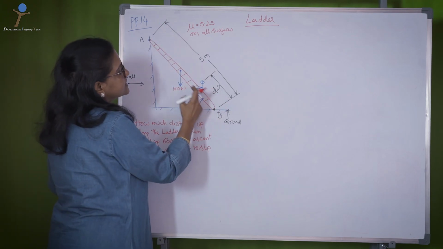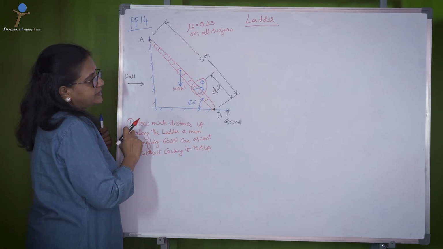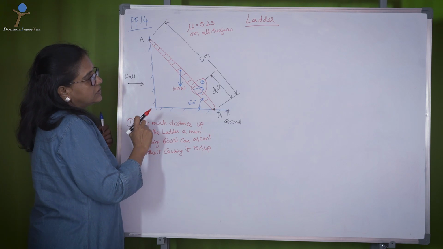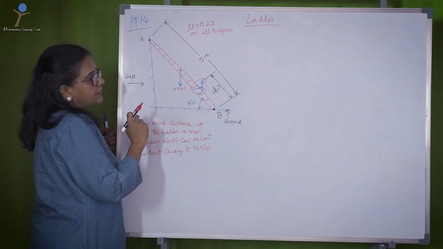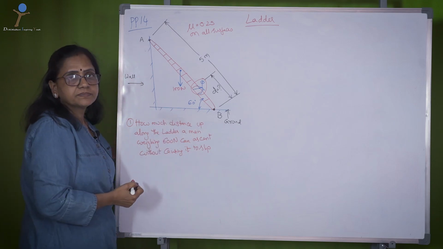Imagine a man is climbing the ladder, which is inclined at an angle of 60 degrees to the ground surface.